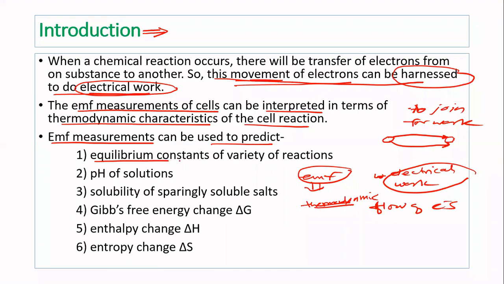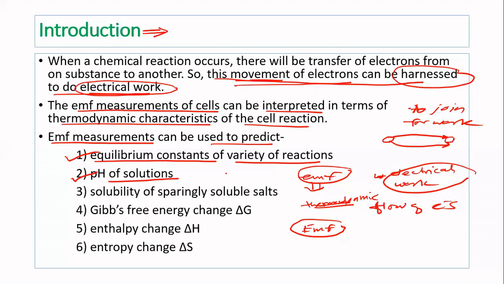The first one is the equilibrium constants of a variety of reactions. If we measure the EMF of a cell, we can calculate the equilibrium constant of a reaction. Then by measuring the EMF value, we can calculate the pH of solutions.